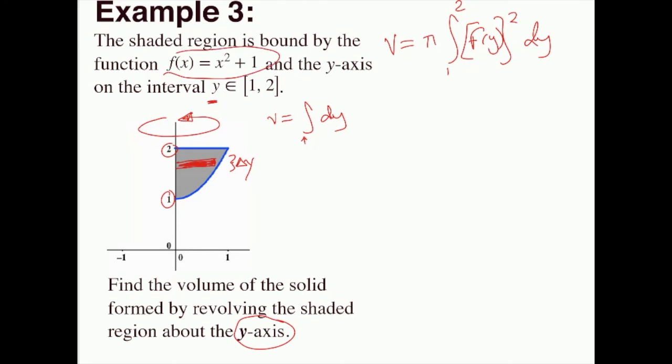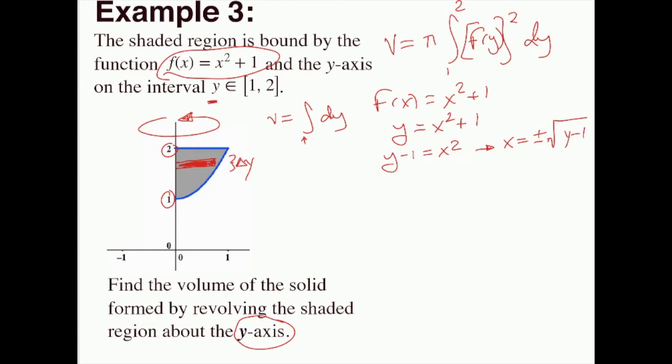Well, this is a function of x. So f of x equals x squared plus 1. I can write that as y equals x squared plus 1. We want to turn this into a function of y, so it's y minus 1 equals x squared. And when we take the square root of both sides, we get x equals plus or minus the square root of y minus 1.